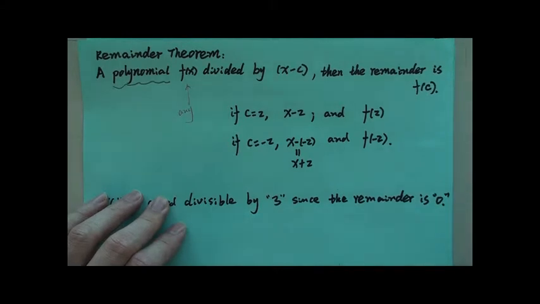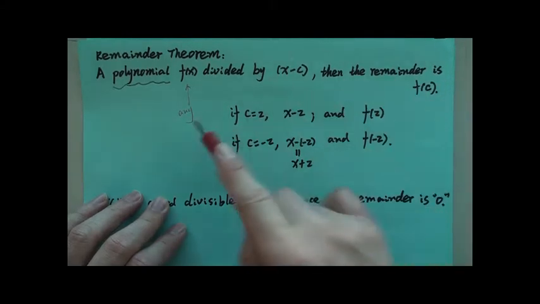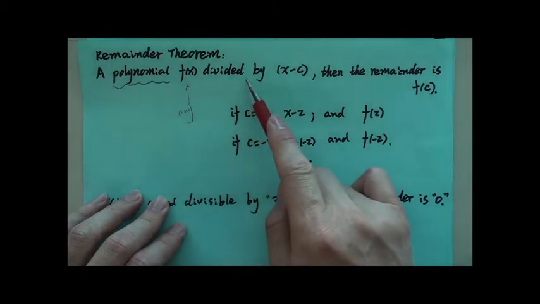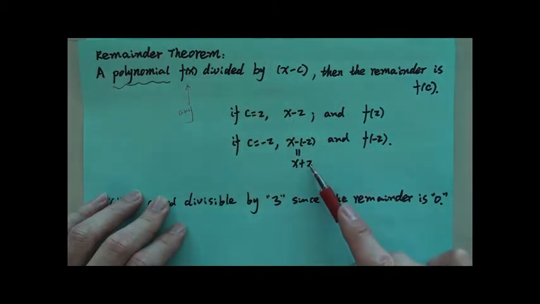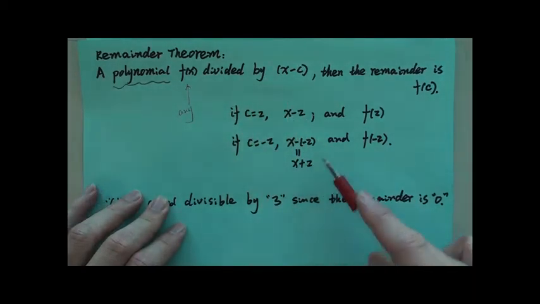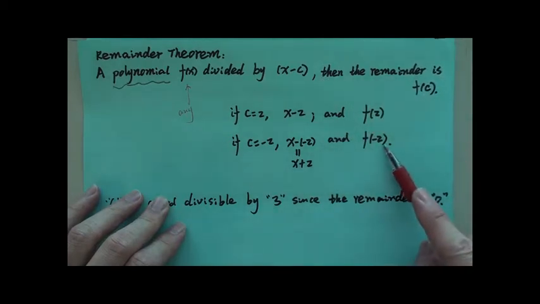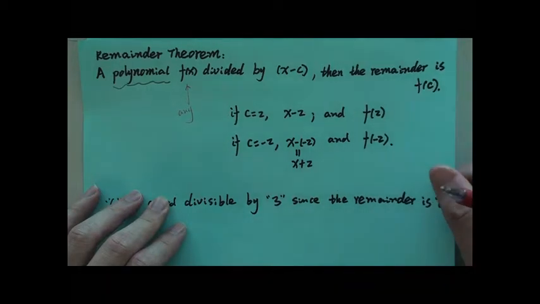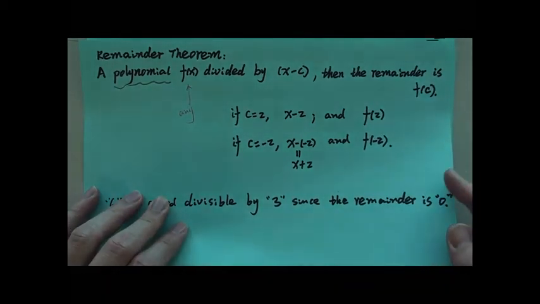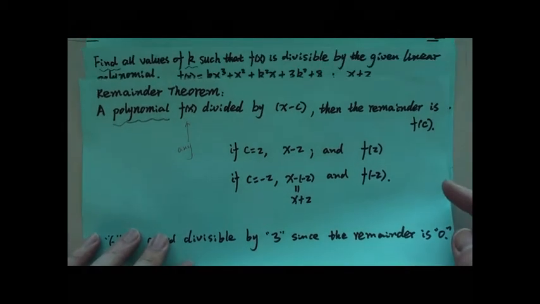So if a polynomial is divided by x plus 2, then the remainder is f of negative 2. Now with this in our mind, let's look at this example.